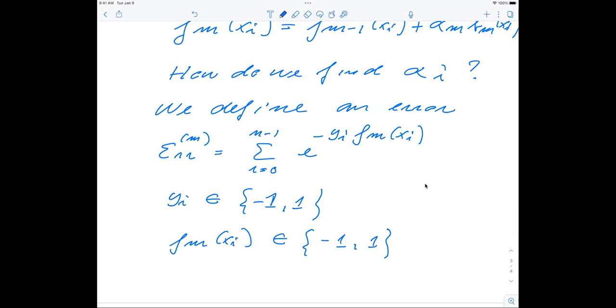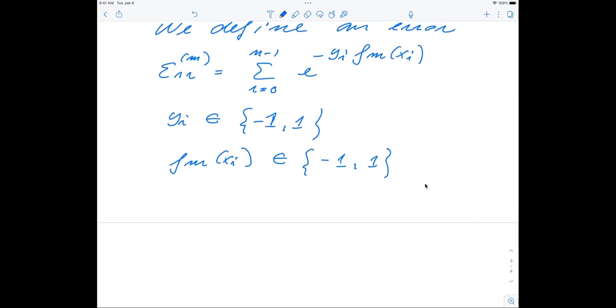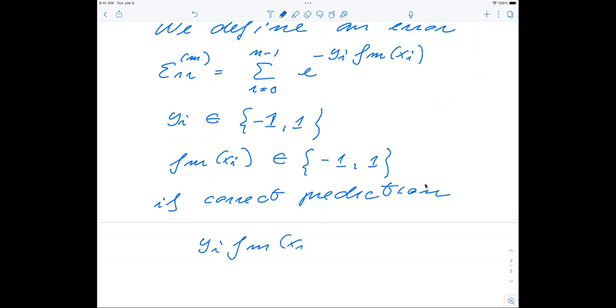This weight is going to emphasize the wrongly predicted results. So if you look at the argument to this exponential, we know that for a correct prediction, y of I multiplied with this f of m of x of I is equal to plus 1. So that means that we have e to the minus 1.